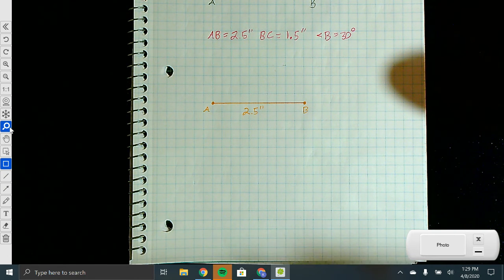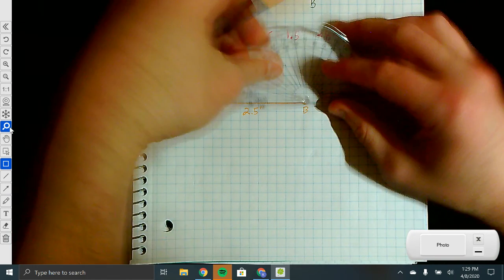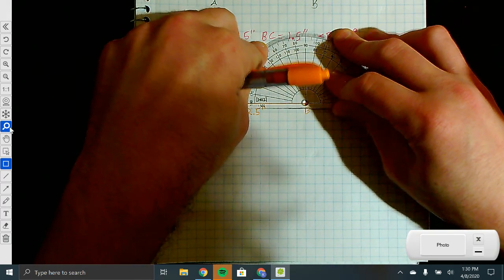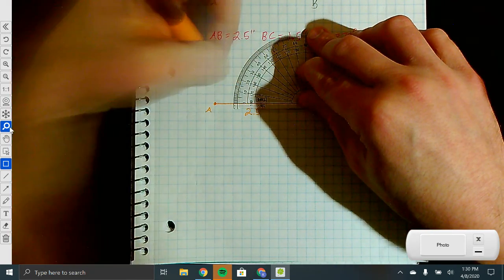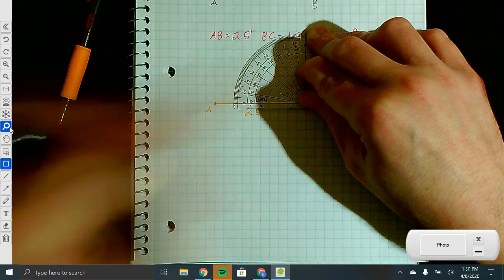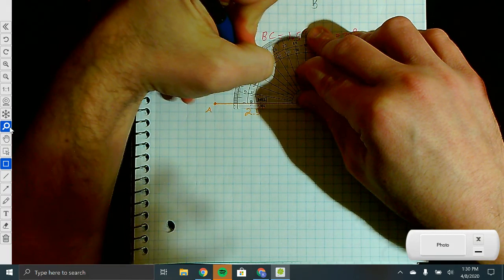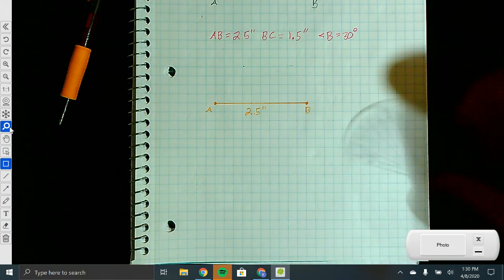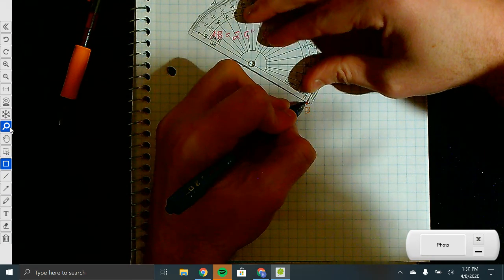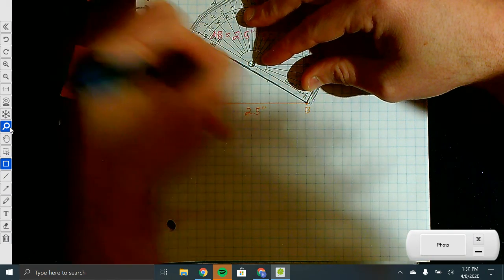Then I know BC has to be 1.5 inches, and I know angle B has to be 30 degrees. So what I'm going to do is go to angle B, put my protractor at B, line up the bottom with A, and I'm going to come and mark my 30 degree point. So 30 degrees would be right about here. Then I'm going to take my segment from B and draw it through that 30 degree line.